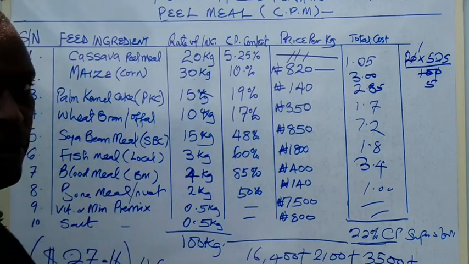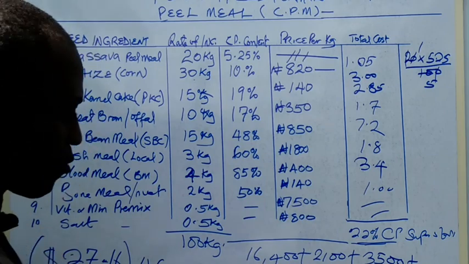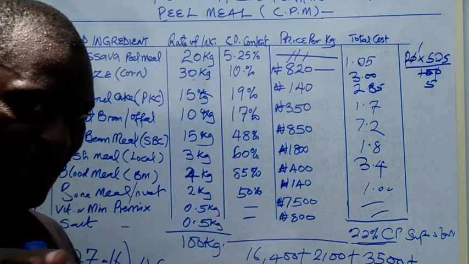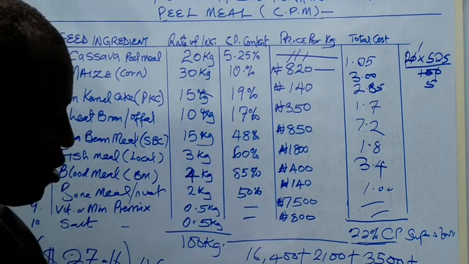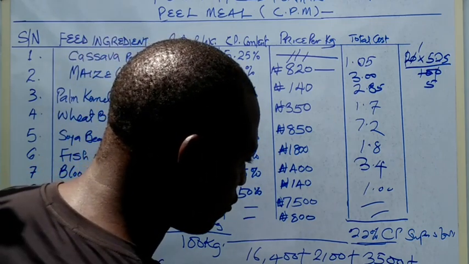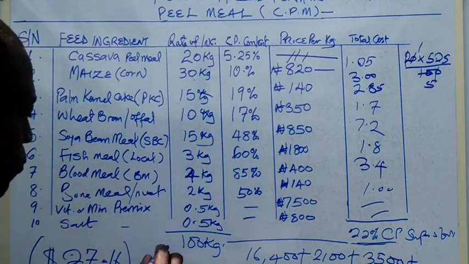Then a bag of feed in Nigeria is 25 kg. This 100 kg will give us 4 bags of feed, since 100 kg divided by 25 equals 4 bags. This price here is for 4 bags.